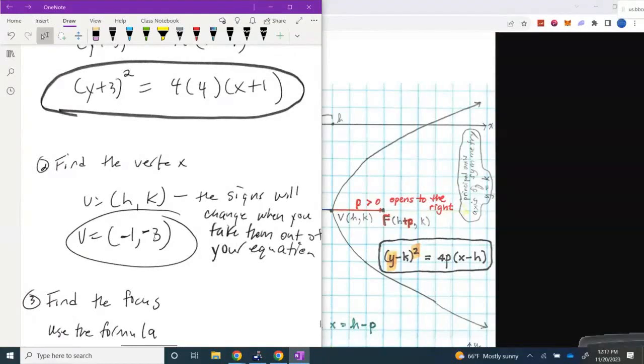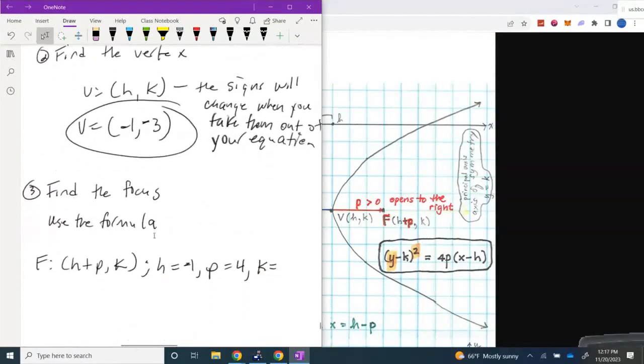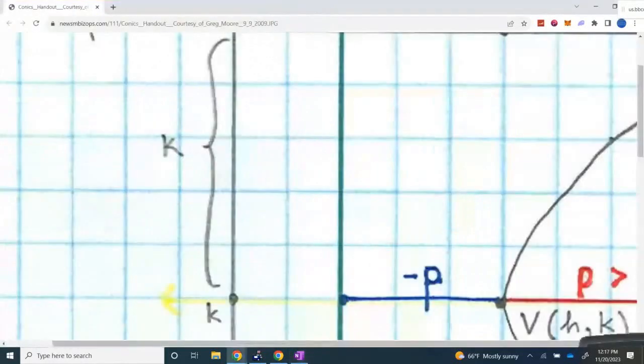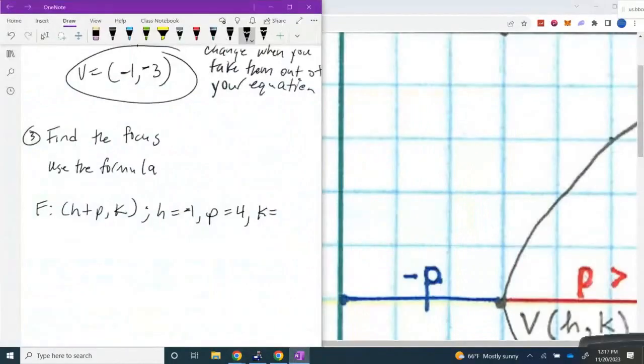K is going to be -3. Is everybody okay with where I'm pulling these values from?